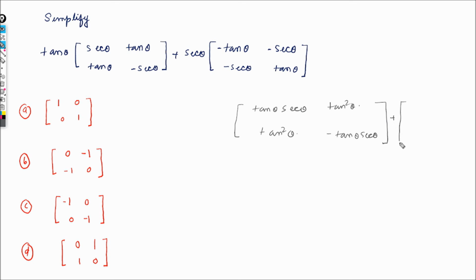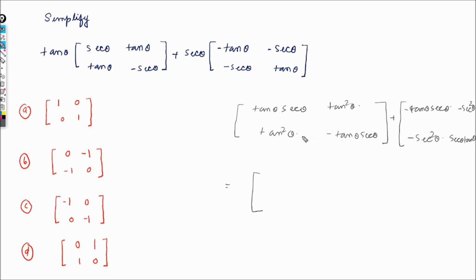Let's multiply it by this: minus tan theta sec theta, minus sec square theta, minus sec square theta, minus sec theta tan theta.